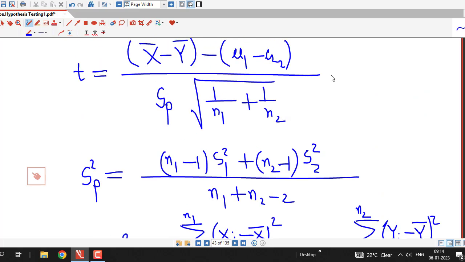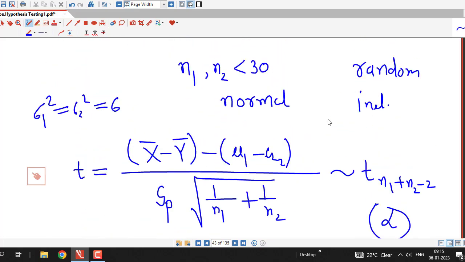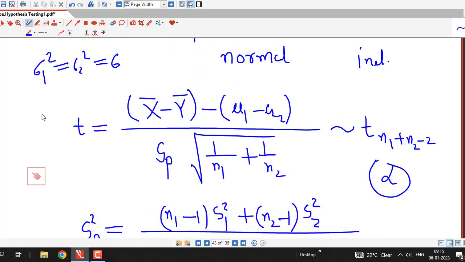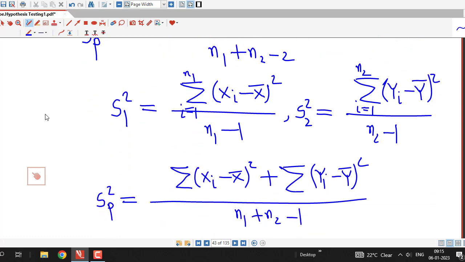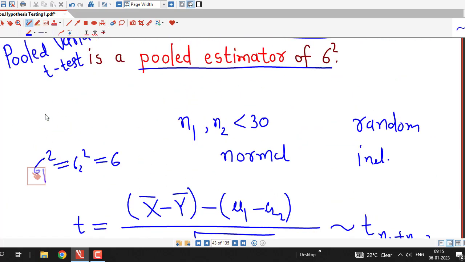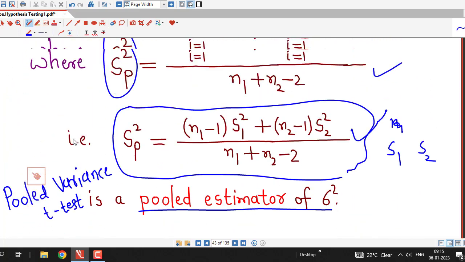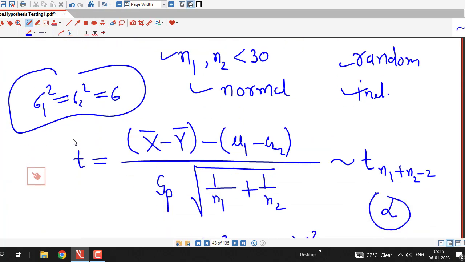And this follows a t distribution with n1 plus n2 minus 2 degrees of freedom and with alpha level of significance. So, remember these formulas for t statistic and pooled variance. Using these two formulas with all these assumptions, we will consider problems related to two sample t test from next lecture onwards. Thanks for watching.